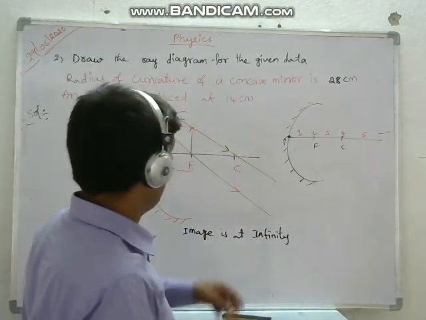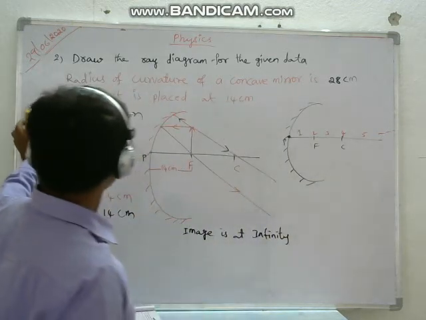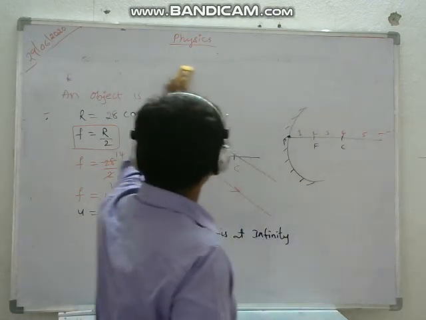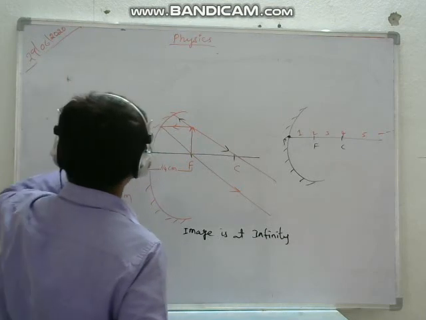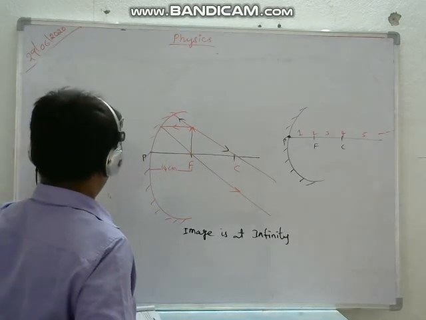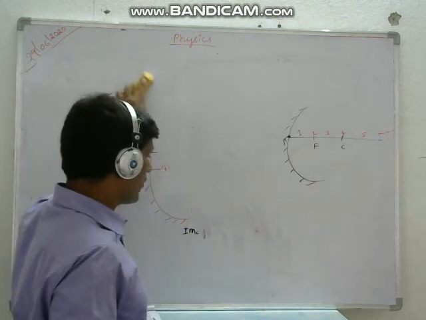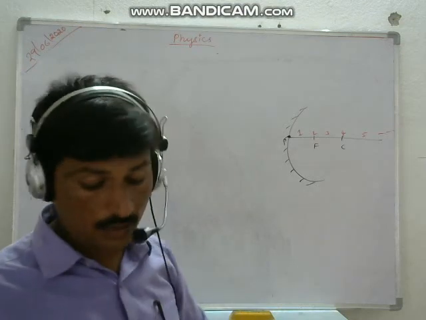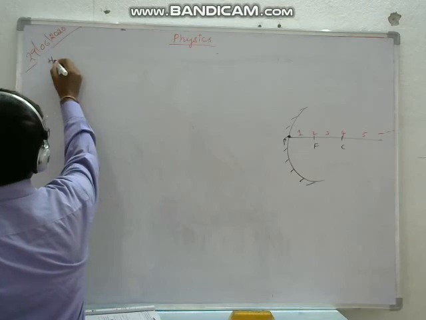Now I am going to give a homework problem based on the same question. Draw the ray diagram and write the characteristics. So based on the ray diagram only you write the characteristics without doing the problem, children. It is a homework question.